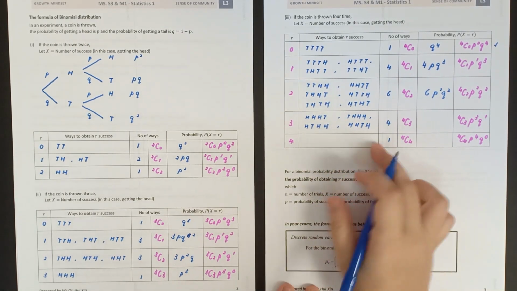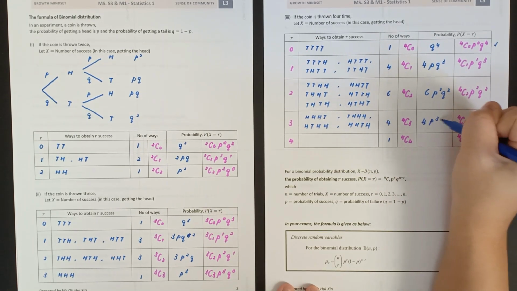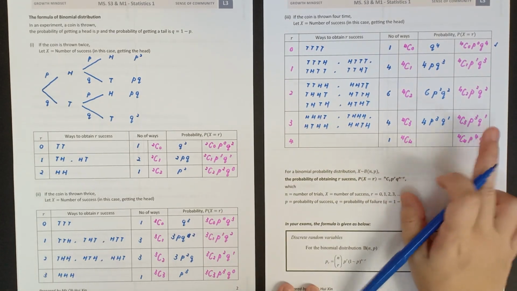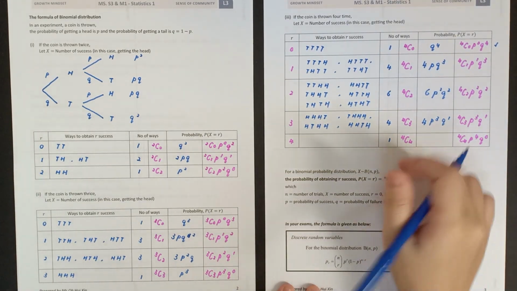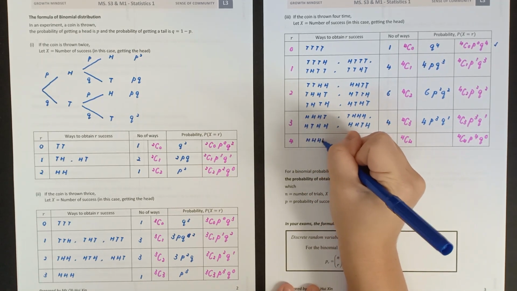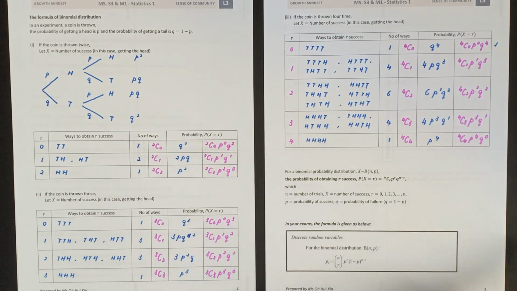So 4 ways. Then every one of these has 3H and 1T, which is what you get here. The same thing for the last one, for you to get 4 times success, meaning head, which gives you P power 4. So this is how you get it.